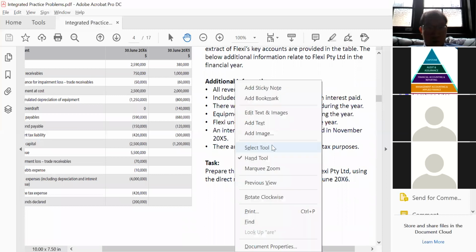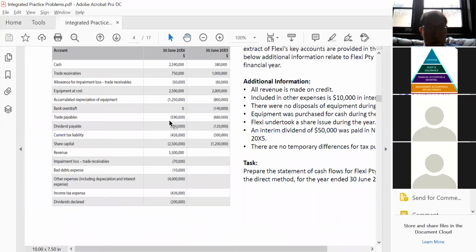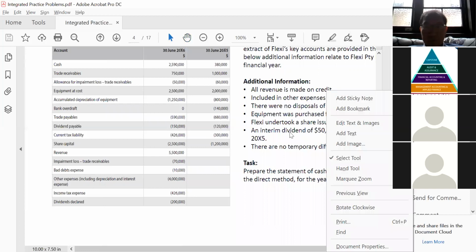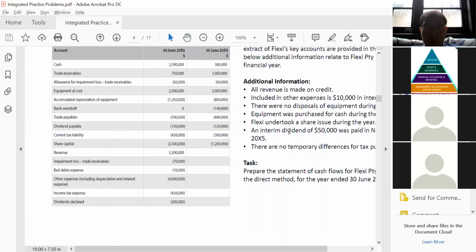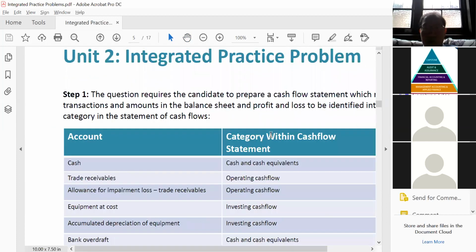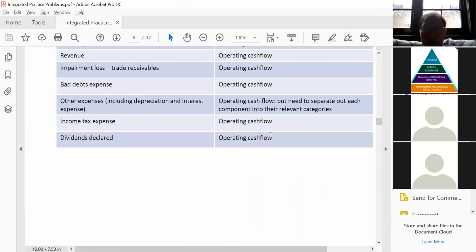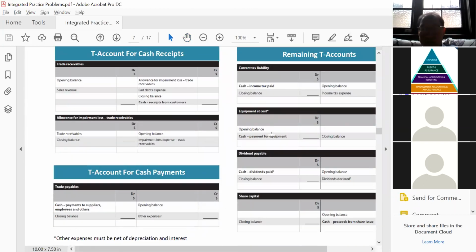We are told that dividend payable had an opening balance of 120,000 and a closing balance of 150,000. We're also told that an interim dividend of 50,000 was paid. We put all of these pieces of information together, and that's how we construct our T accounts.